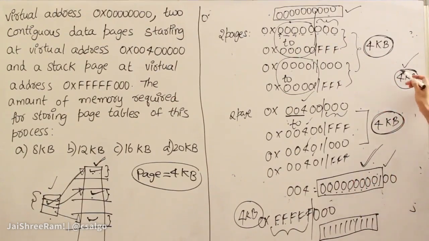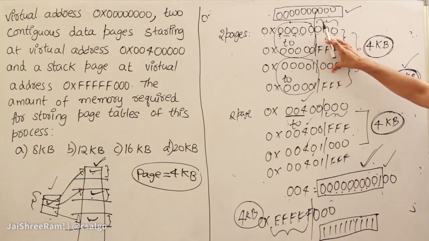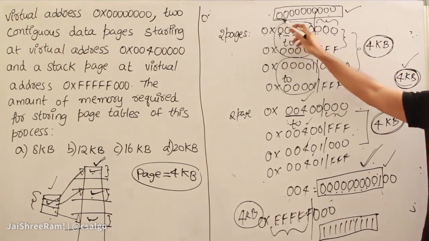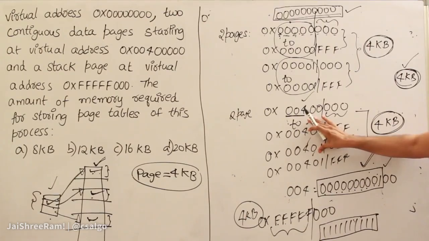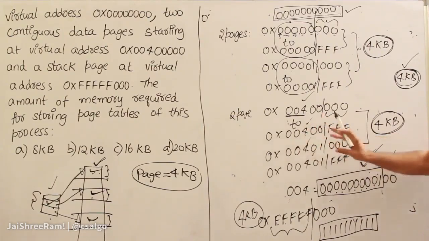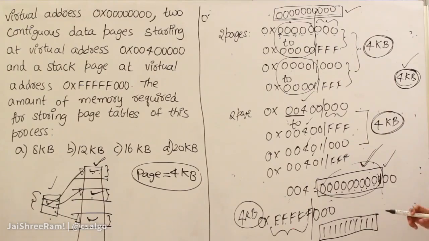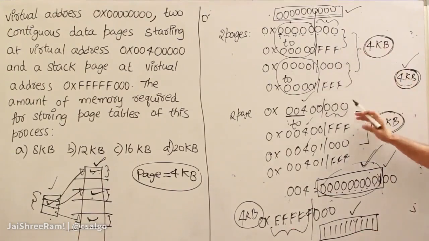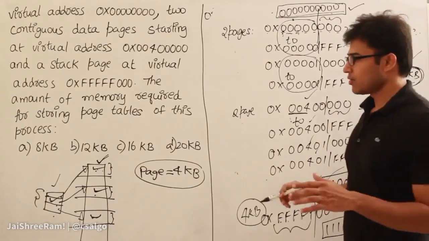Because the outermost page table has to always be there, and these 2 pages require one particular page in the innermost page table, whose entry is pointed by all zeros in the outermost page table, and these 2 pages of the process require one page of the innermost page table, whose index is given by the address 00 followed by this one, right? And then this one is again referring to a different index, right? Therefore 3 pages of the innermost page table and one page of the outer page table are required, and a total of 4 pages are required.